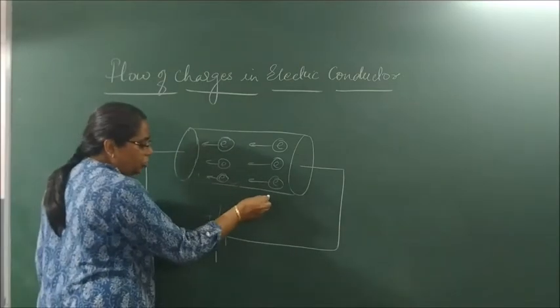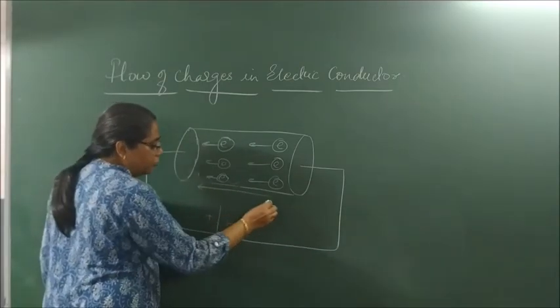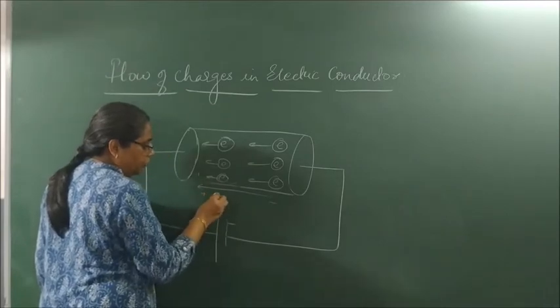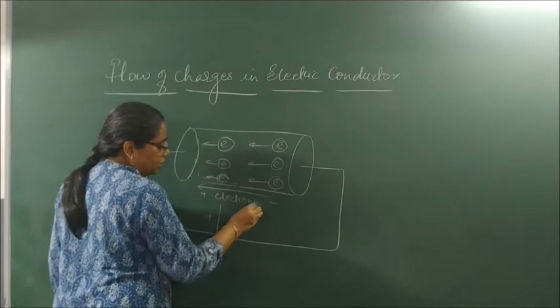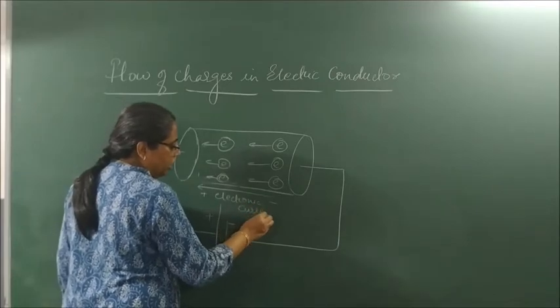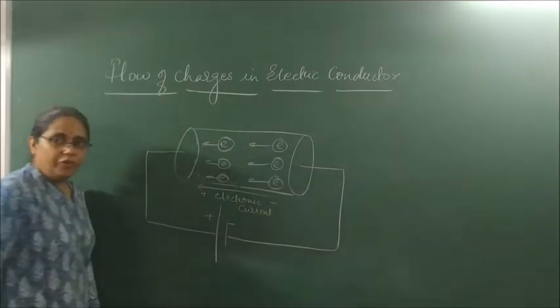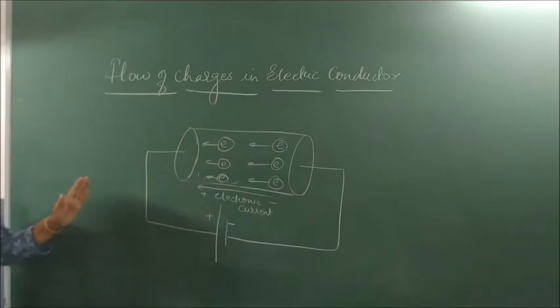So the direction of electrons is from negative to positive. This current is called electronic current.